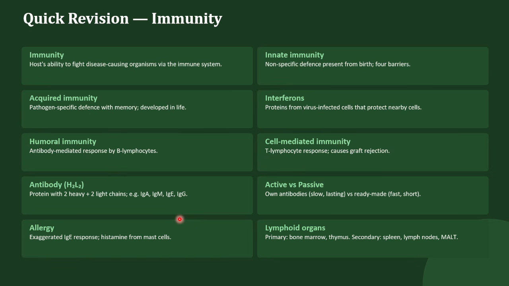What is autoimmunity? Immune attack against self cells. What are the primary lymphoid organs? Bone marrow and thymus. Some examples of secondary lymphoid organs: spleen, lymph nodes, tonsils, Peyer's patches, and appendix.